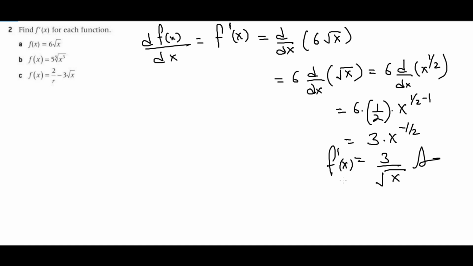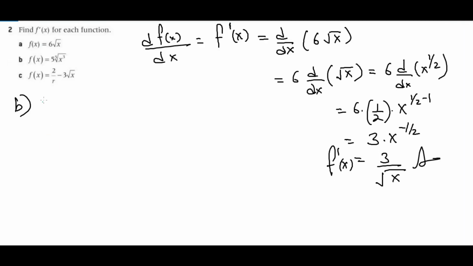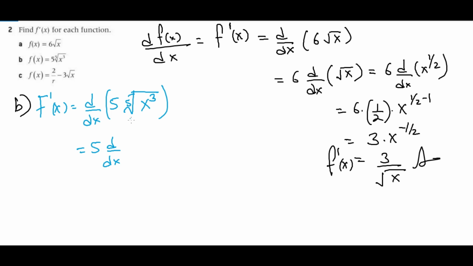So that's your f dash x in this case. Let's check out the next question, part B. We get f dash x, which is the differentiation d by dx of 5 times the fifth root of x to the power of 3. Hence 5 can come out, and this fifth root can be written as x to the power 3 by 5.